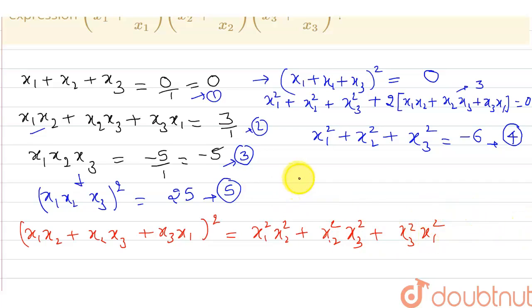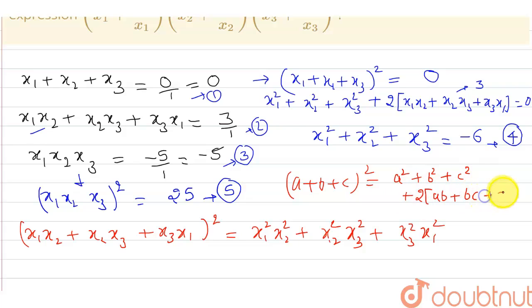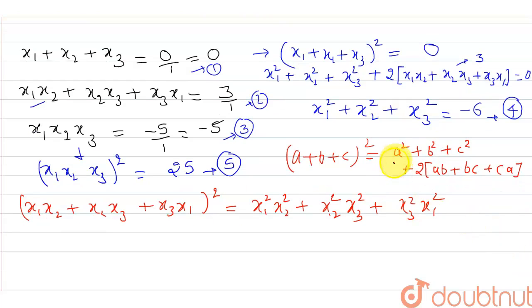Here I am using my formula that a plus b plus c whole square is equal to a square plus b square plus c square plus 2 times ab plus bc plus ca. Here I have used this formula, and here also I am using this formula. Here a will become this term, plus 2 into, see, a is this term and b is this term.